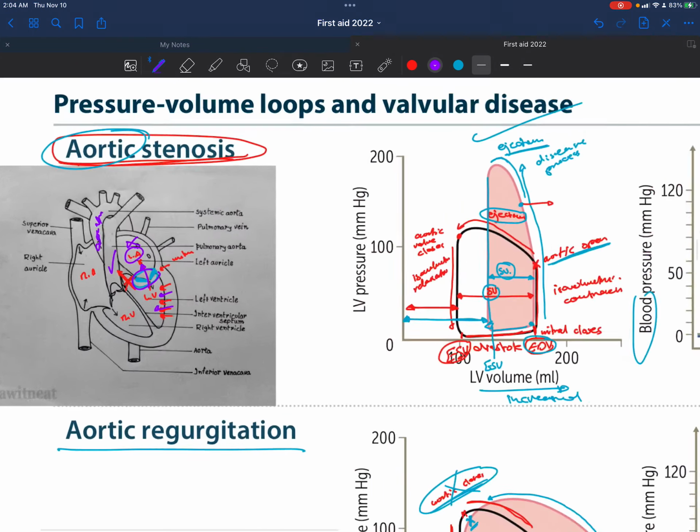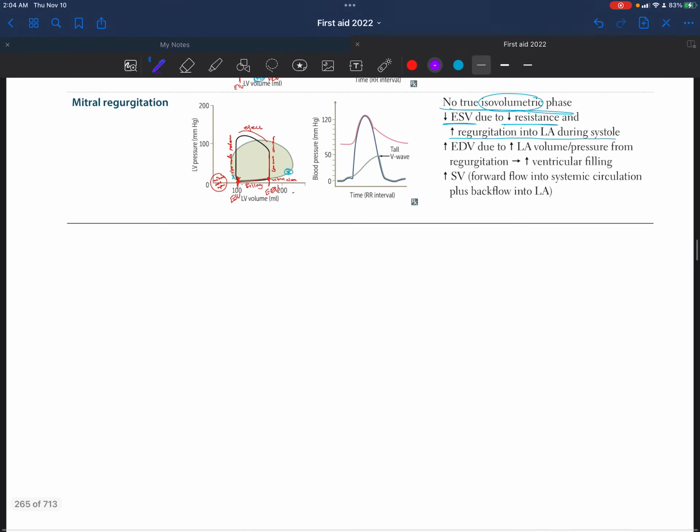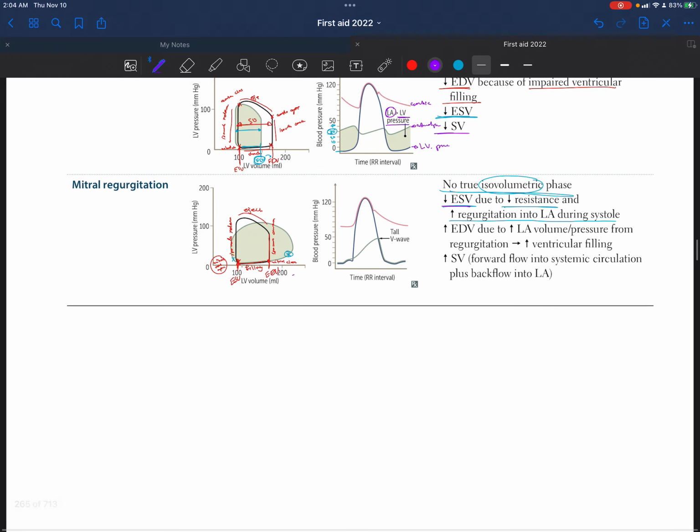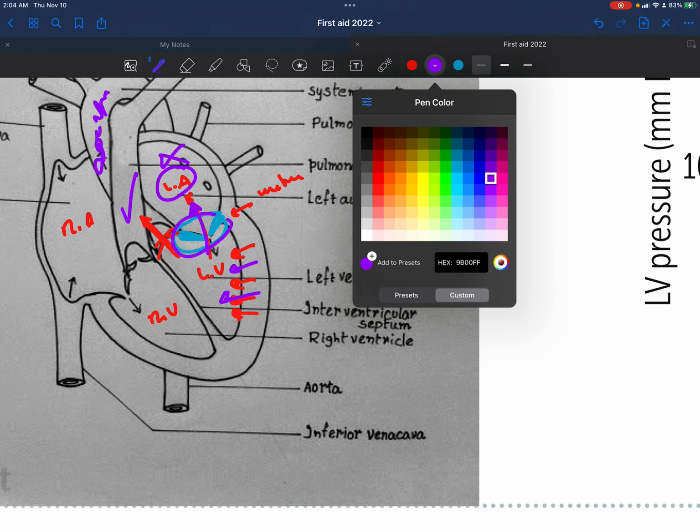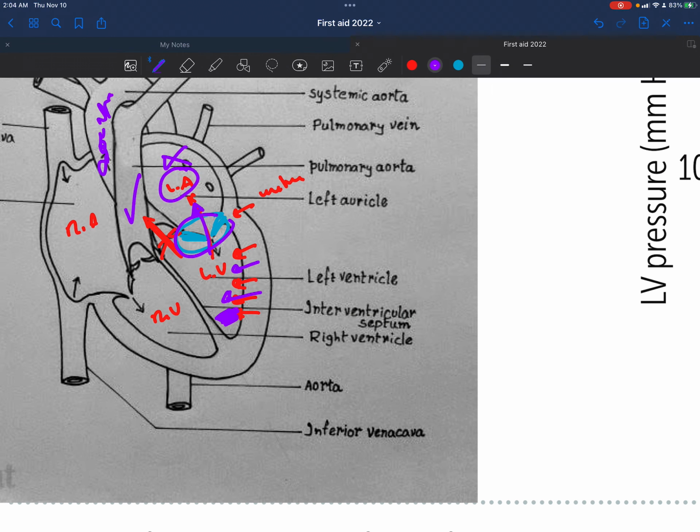So that's why we see a reduction in the end-systolic volume. That means the amount of blood that stays in the left ventricle at the end of systole is going to be decreased because the blood within the left ventricle now is going into two ways, the normal way over here and the abnormal pathway over here.